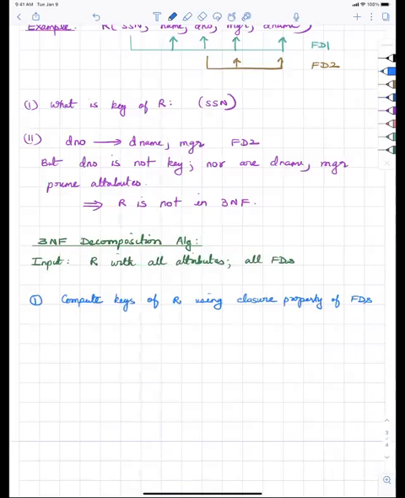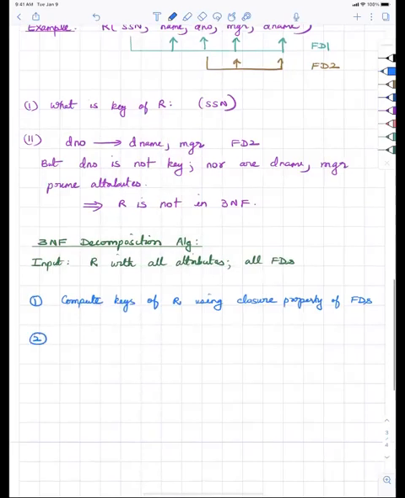And then step 2, repeat until all relations are in third normal form.